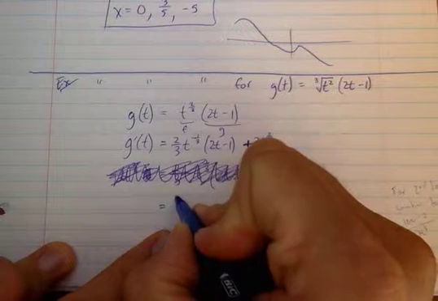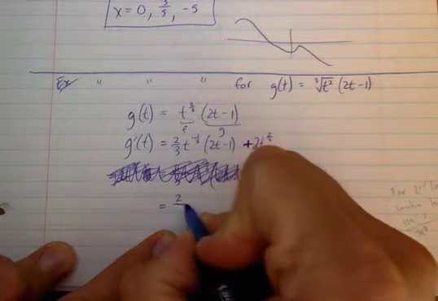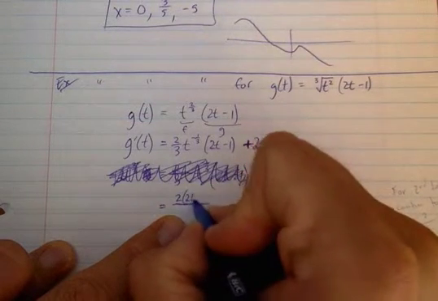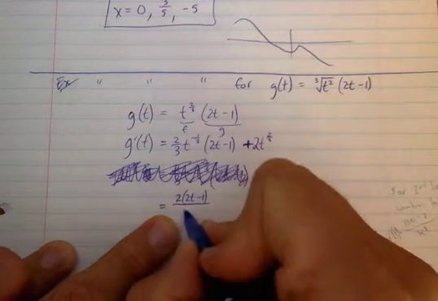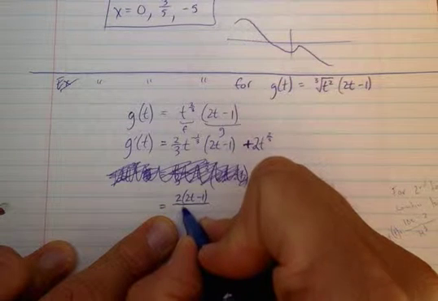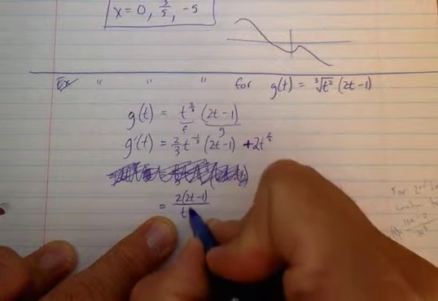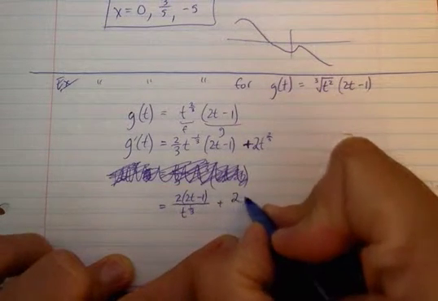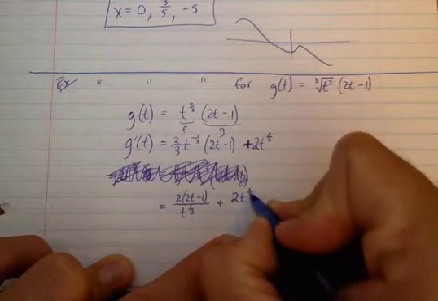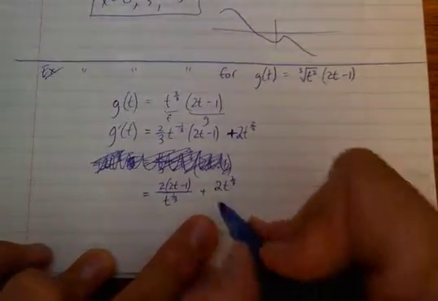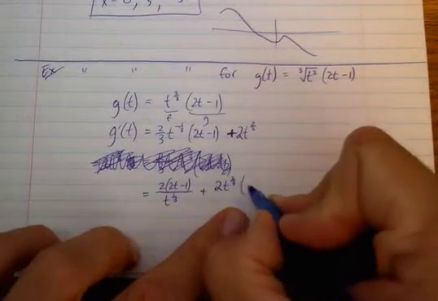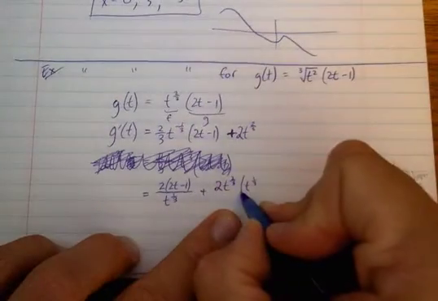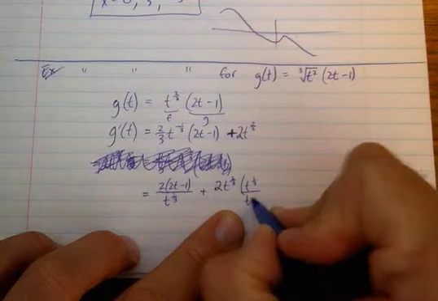So let's see what we have here. We have 2 times 2t minus 1 over t to the 1/3. And then plus 2t to the 2/3. Well, how do we get this into one term? We have to find a common denominator, which is t to the 1/3 over t to the 1/3.